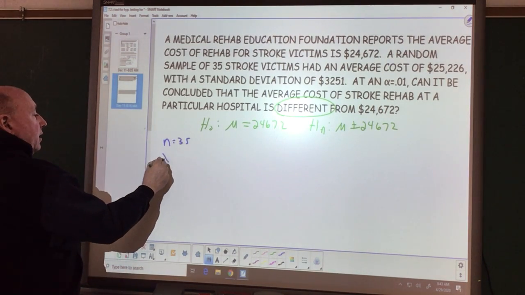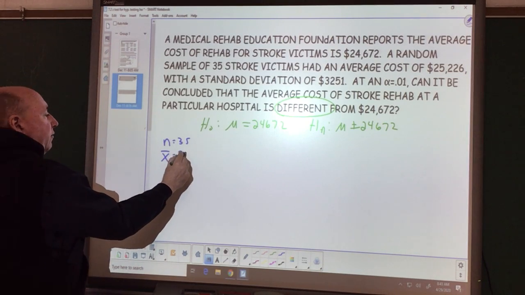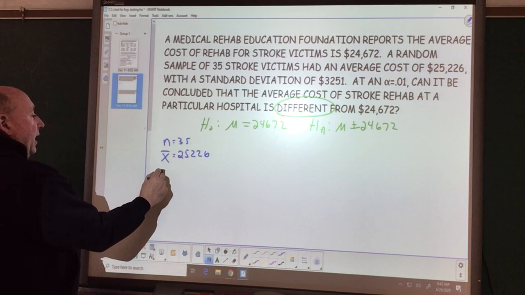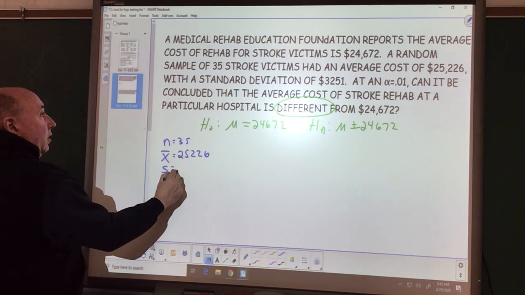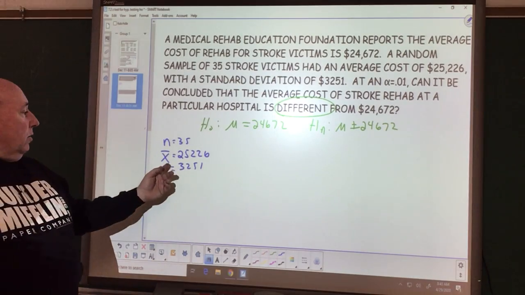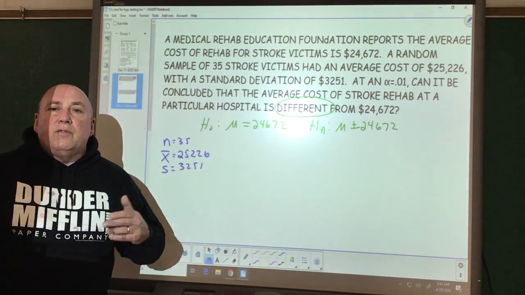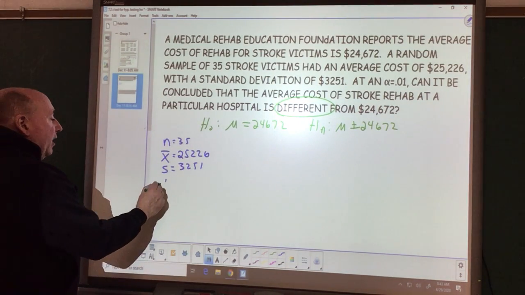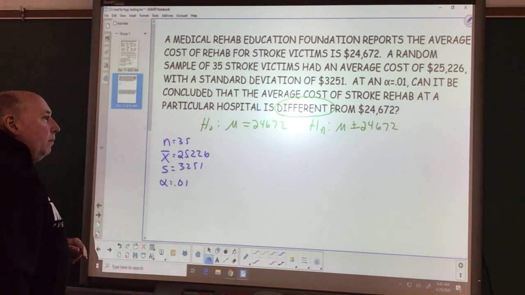Their average cost is $25,226. Their standard deviation was 3251. Now, we can use a sample standard deviation, that's fine, just so we use a standard deviation. And we have an alpha value of 0.01.